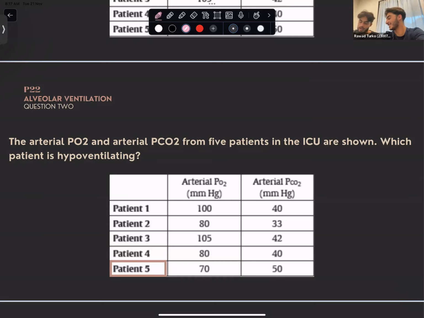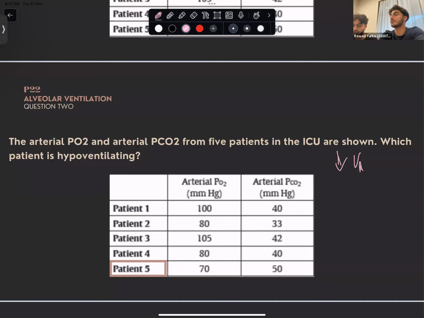So when we have hypoventilation, what happens to the alveolar ventilation? Does it decrease or increase? Decrease. Yeah. Hypoventilation means decreased alveolar ventilation.